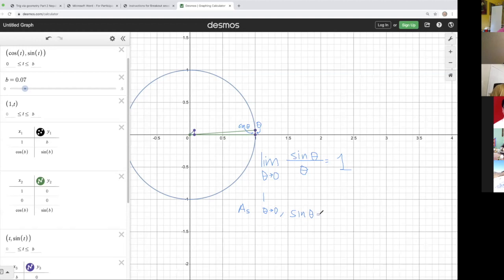That only makes sense if you're talking in radians and talking in arc lengths and you think of theta as an arc. It doesn't make sense if you use degrees.